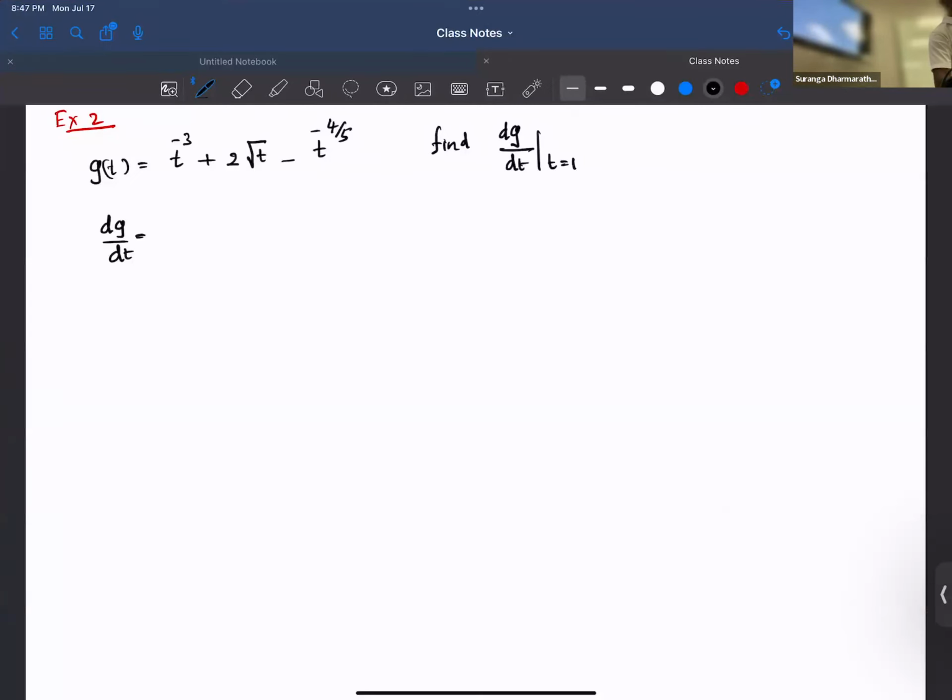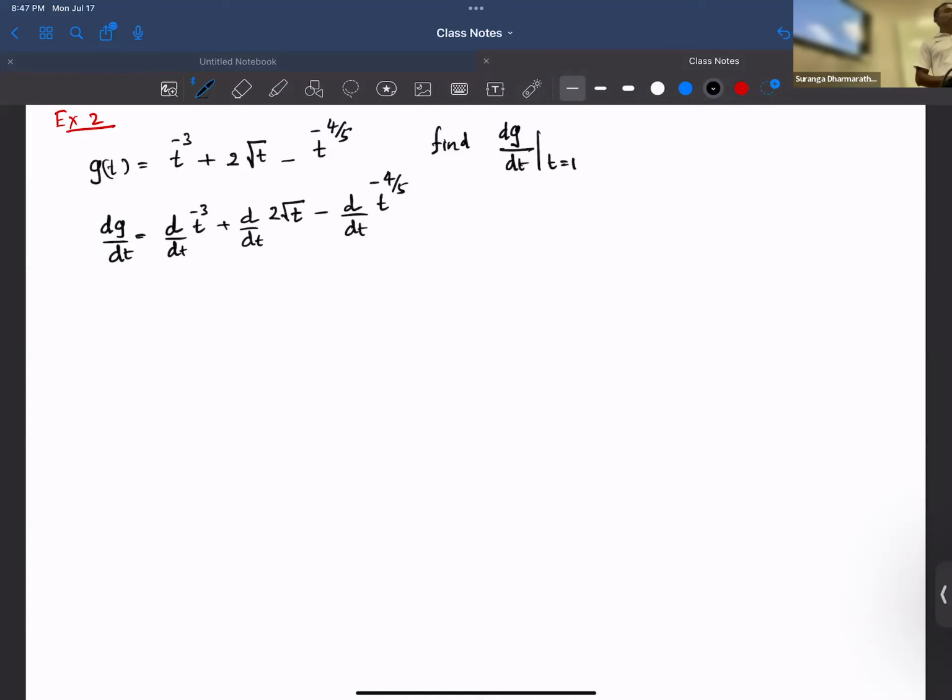Let's do that. So I'm going to use the sum rule here. I can use d over dt of t to the power -3 plus d over dt of 2 times square root of t minus d over dt of t to the power -4/5. Make sense?